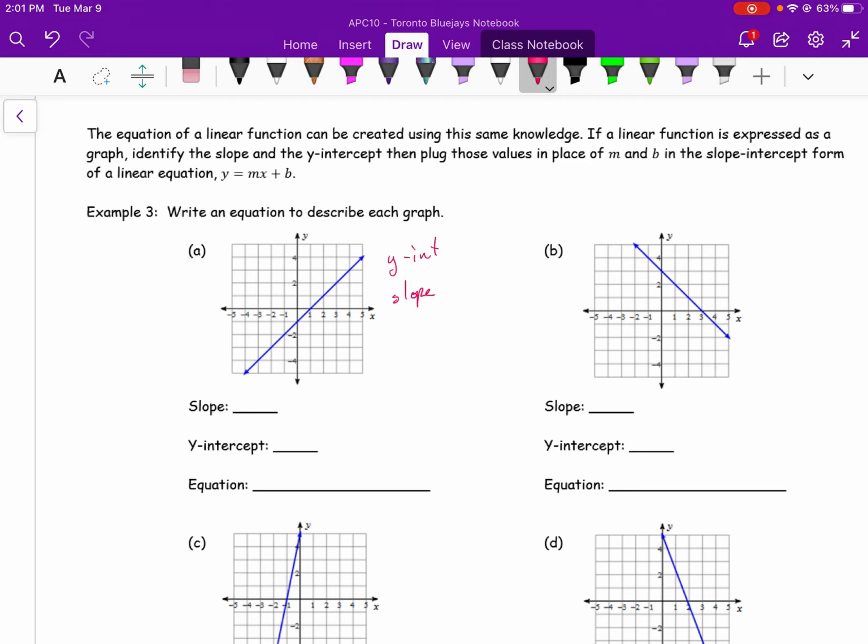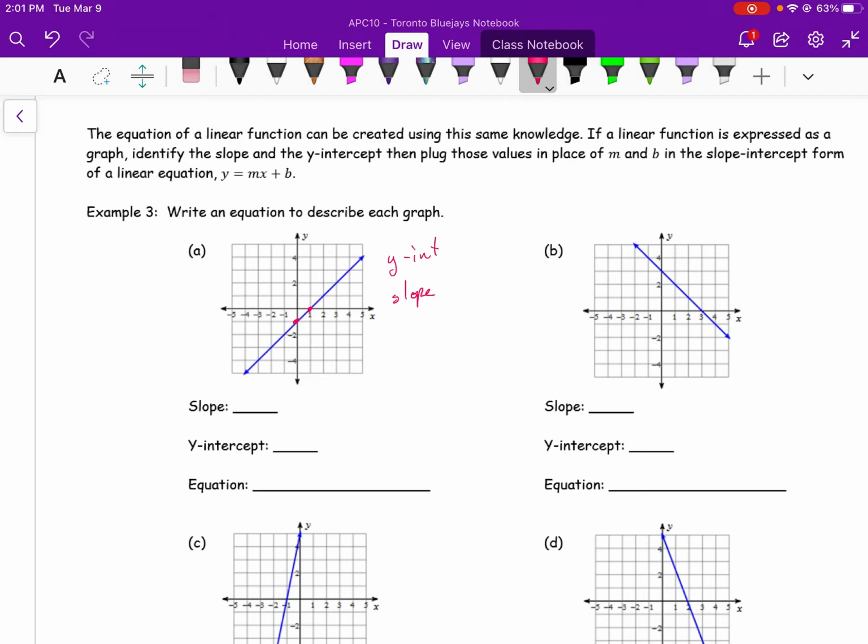Looking at graph A, my slope, well, I need to find points where I cross a grid. To put it more mathematically, I need to find points where both coordinates are integer values.